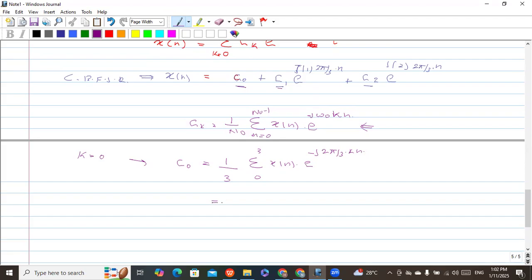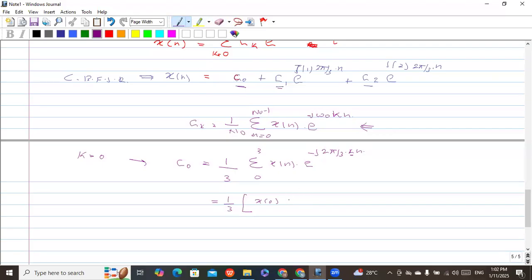So if you expand it, 1 over 3 is there, x0 e to the power minus j 2π, k is 0 here. So e to the power will be 0, no? So all the terms e to the power will be 0 because this k is 0. So it will be 1. So x naught e naught, that means it will be 1.